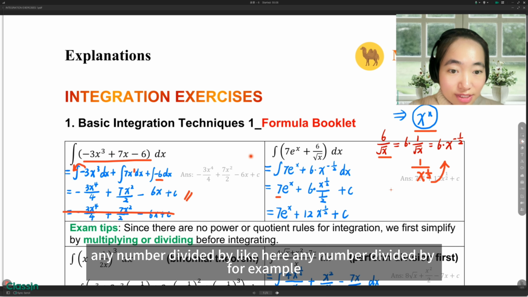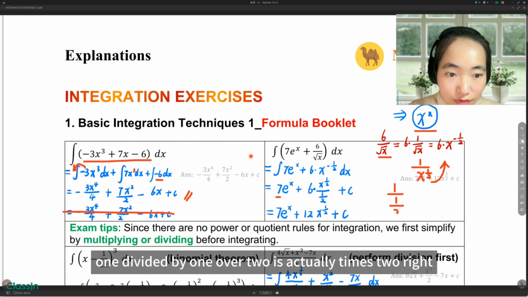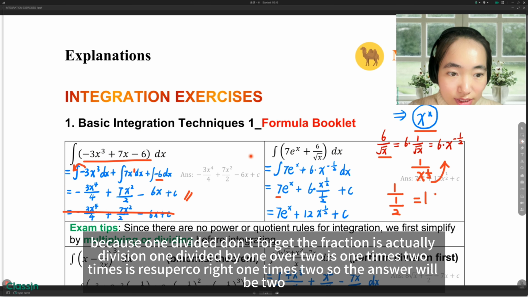Any number divided by, for example, 1 divided by 1 over 2 is actually times 2, right? Because don't forget the fraction is actually division. 1 divided by 1 over 2 is 1 times the reciprocal, 1 times 2. So the answer will be 2.